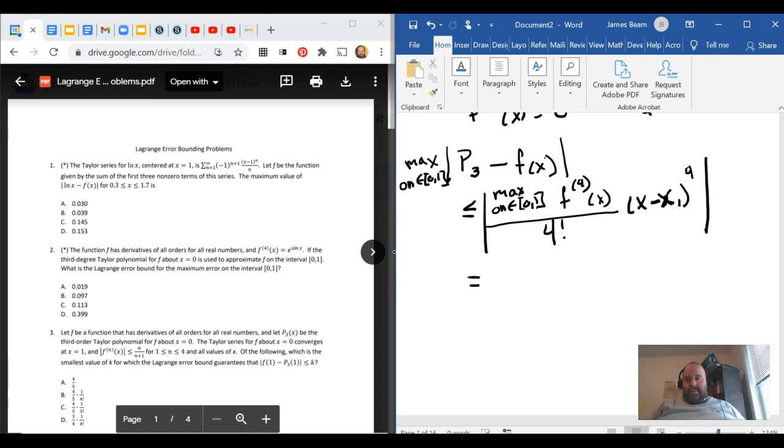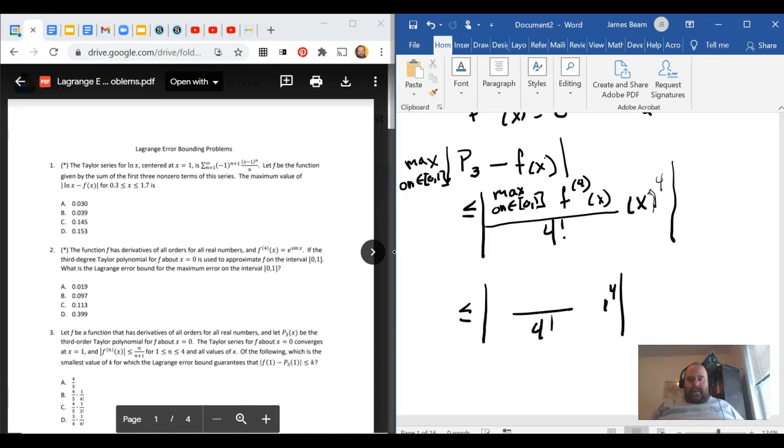All right, so the largest value that this could be, sorry, I'm making this more complicated than it needs to be, just x to the fourth, right? So the largest possible value for the x to the fourth here is 1, right? Because this is on 0 to 1, so this is going to be 1 to the fourth, so that's just 1, okay?